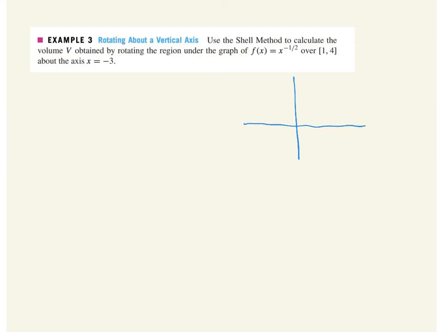So here's negative 3 over here. f of x, which equals x to the negative 1/2, something like this. Okay. Calculator active, so it's totally fine to go and check it on your calculator. We have limits of integration from 1 until 4, so it's this space right here.